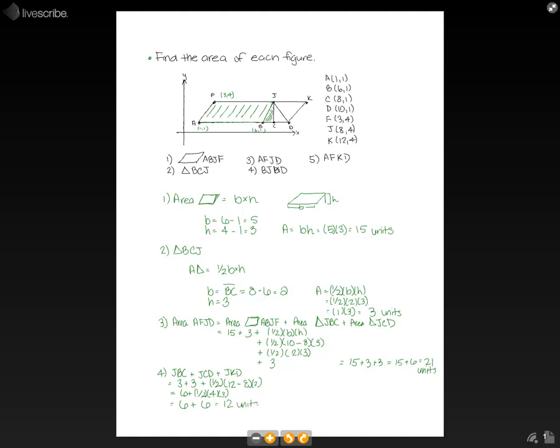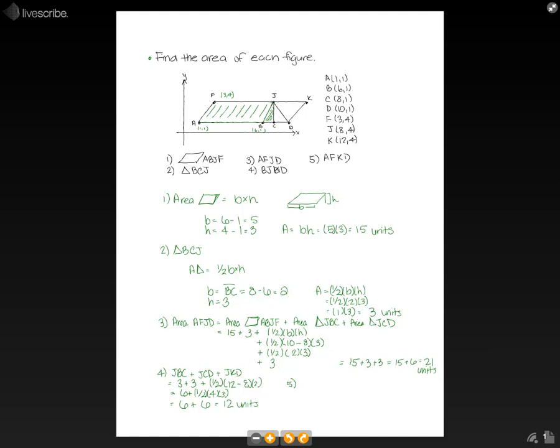And last, we're going to cram it in the corner here. Sorry about that. We're looking for the area of AFKD, which is the entire parallelogram. And since areas add, all we have to do is add up the area of the parallelogram AFJB, the triangle JBC, the triangle JCD, and the triangle JKD, which we've done in the subsequent parts.